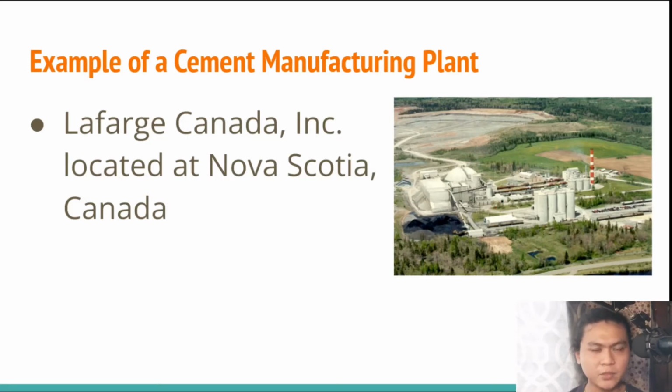Less petrol means that they have less budget to spend on petrol to drive those trucks to deliver the raw materials to the manufacturing site. Instead, they just use conveyor belts to deliver those processed, sort of ground raw materials.